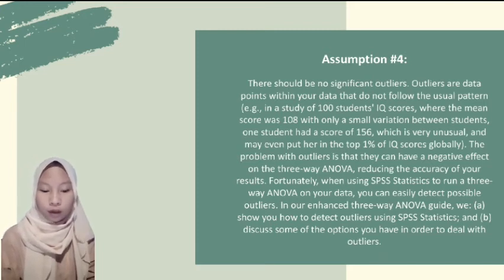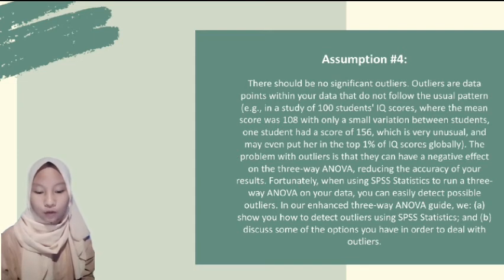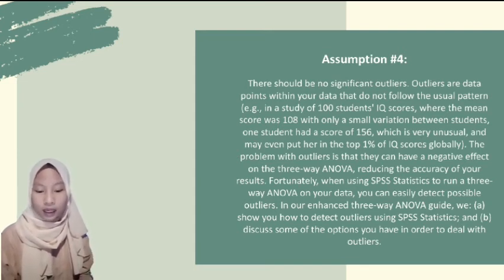Assumption 4. There should be no significant outliers. Outliers are data points within your data that do not follow the usual pattern. For example, in a study of 100 students' IQ scores, where the mean score was 108 with only a small variation between students, one student had a score of 156, which is very unusual and might even put her in the top 1% of IQ scores globally.